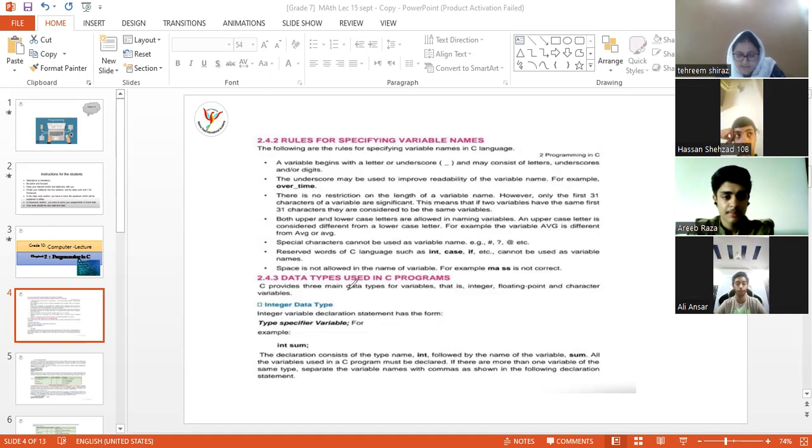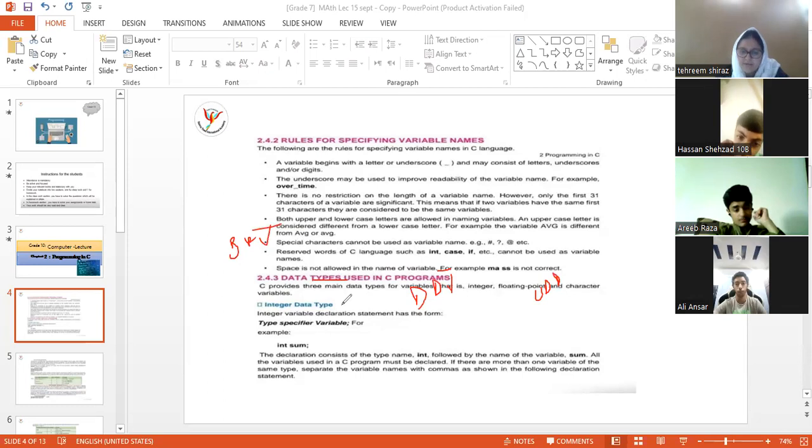Then I will further rearrange it into data types, which are basic data types, derived data types, and user defined data types. There are three types of data types. Now, what are basic data types, derived data types, and user defined data types?